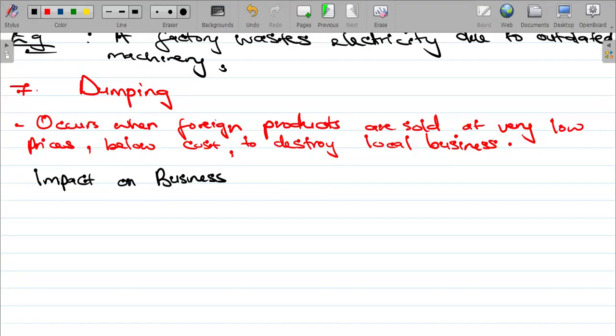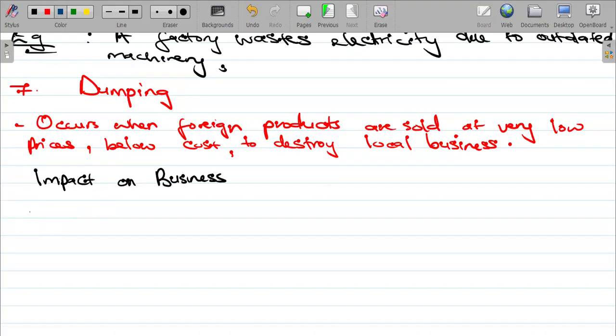And there will be loss of jobs. The local businesses will be losing what? Market share, right? They will lose market share. They will end up maybe closing. Meaning to say unemployment will be high, right? Due to closure of those businesses, workers will lose their jobs, right?